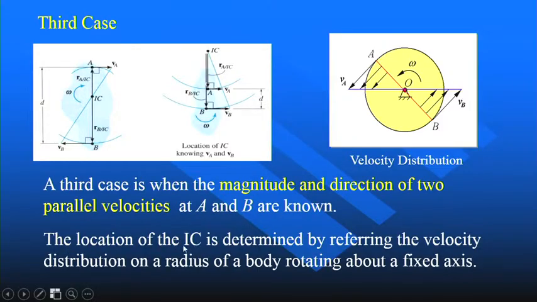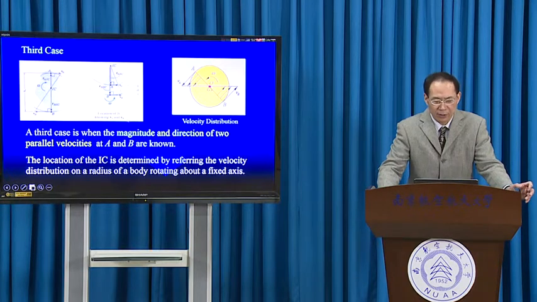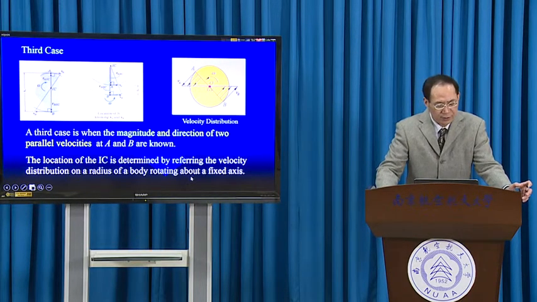The location of the IC is determined by referring to the velocity distribution on a radius of a body rotating about a fixed axis and using the method of drawing a connection line between the heads of the velocities; then we finally can locate the intersection. That is the IC. Okay, this is the method to locate the IC for the third case.